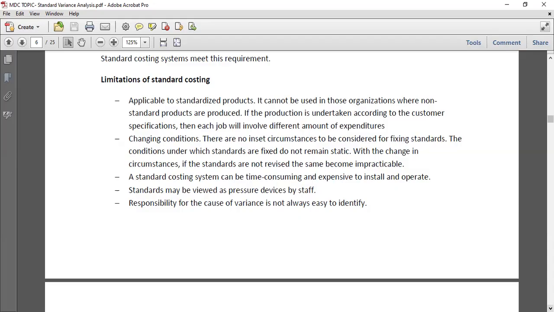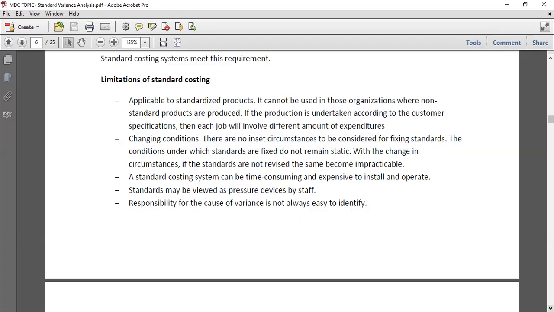And because of market conditions, the price just doubles, okay? Now that alone affects you, okay? So you may not have full control over your standards. They keep changing, okay? And then some staff may see the standards to be a pressure to them. Just like the way the 50% mark may cause pressure to you, especially during the last days of preparation for the exam, because you want to make sure that you actually hit the 50% mark, okay, and beyond. So that is very key.